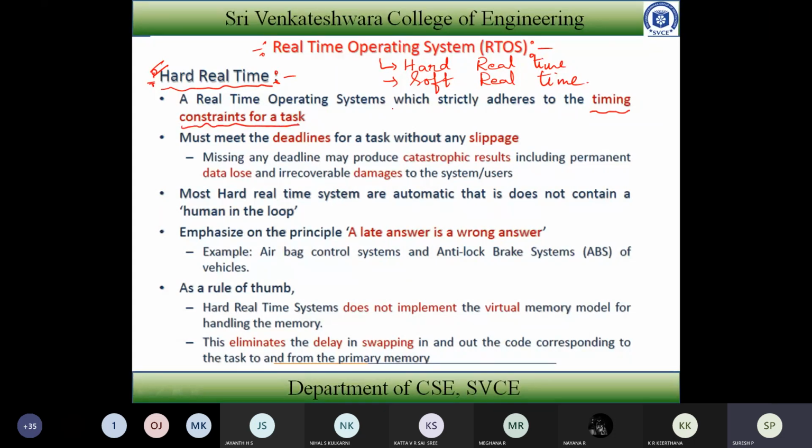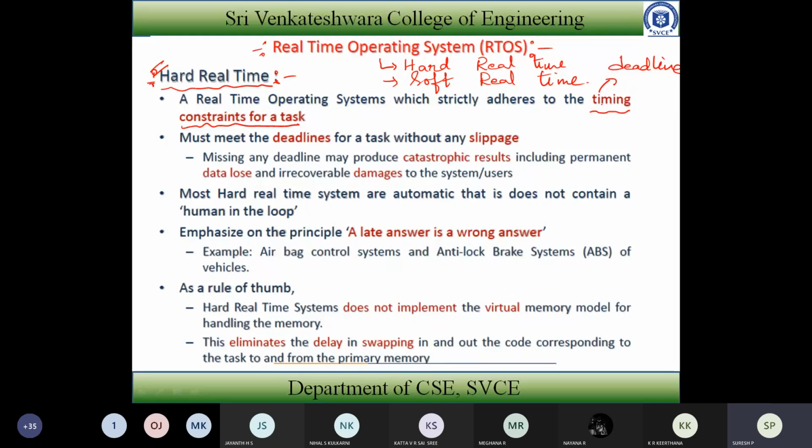Deadline is nothing but the particular timing given for that task to be completed. Within that timing, that particular process has to complete its execution. That's what the hard real-time operating system tells us.